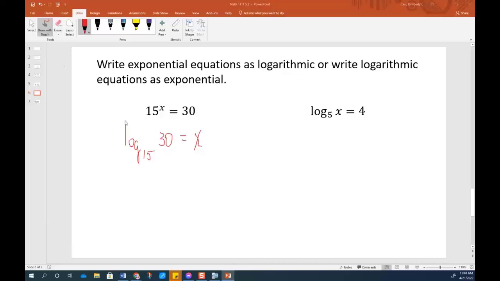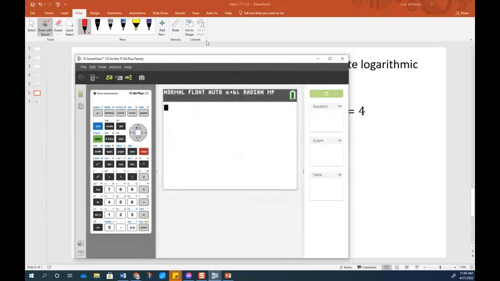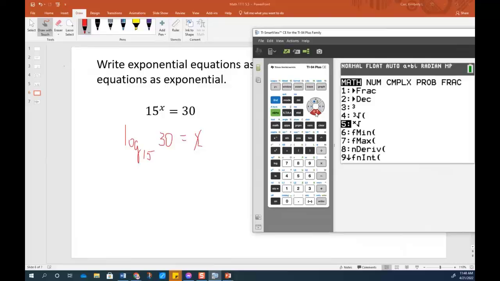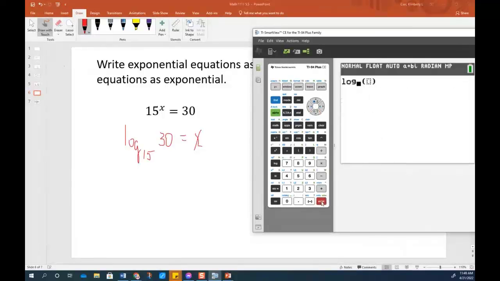Look at this, guys. This is already ready for your calculator. That's the exact answer. You want a calculator answer? Don't forget, you can go to math. You've got to scroll a long way. Log base 15 of 30, and we get our answer.